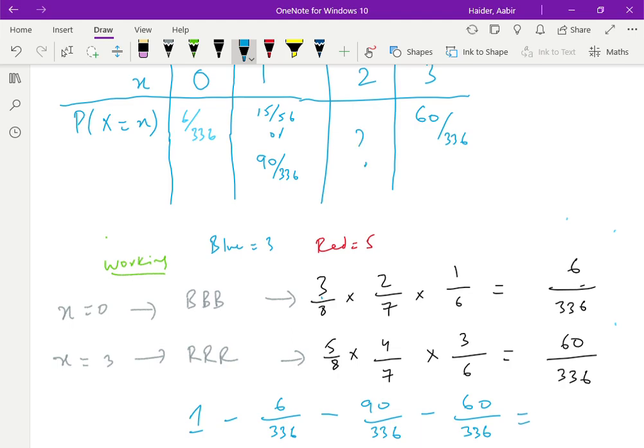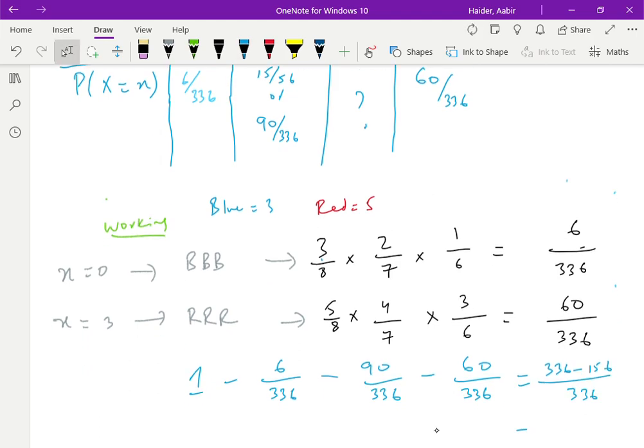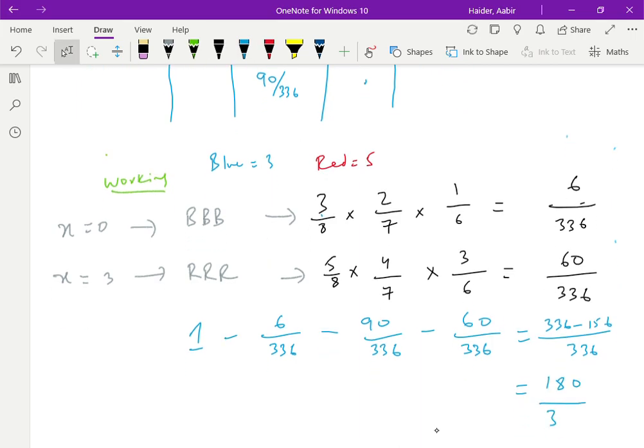So we can do it like this: 90 and 60, 150 and 156. So you have to subtract 156 from 336 and then divide by 336. So you should get 180 over 336, right? So that should be your final answer.